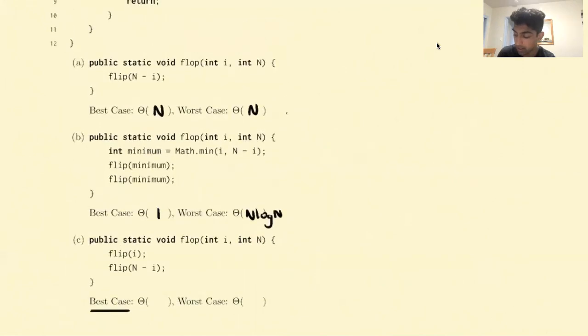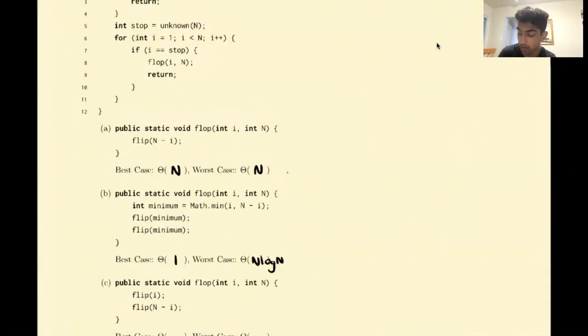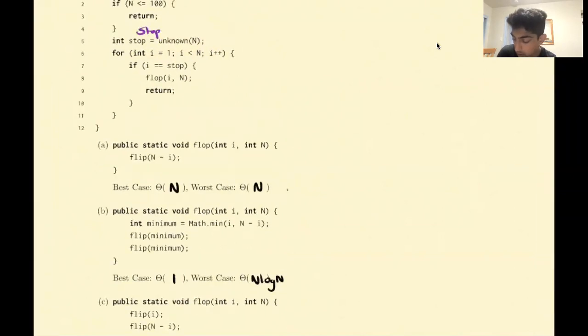My first gut instinct is to exit this for loop as quickly as possible, which in other words is saying, let's set stop always equal to 1, which means that we always exit this for loop on the first time we enter, right?